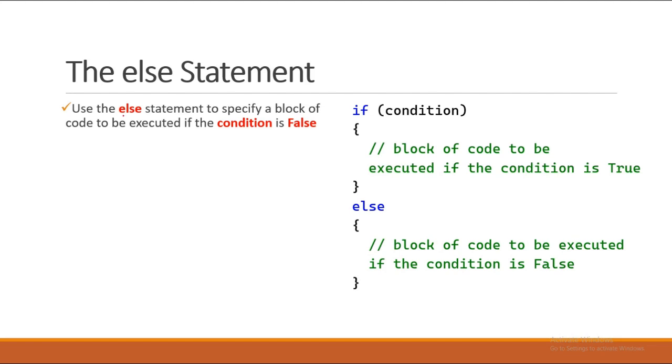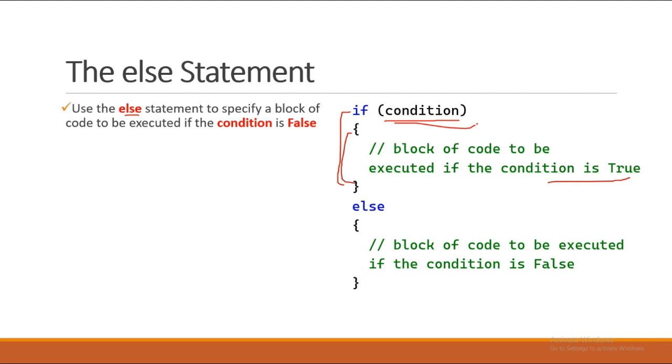Okay. The else statement, we can use else together with if, and also with loops. It's possible, but especially we are going to use it together with the if block. In the if block we have a condition, and if the condition is true, this block is executed.